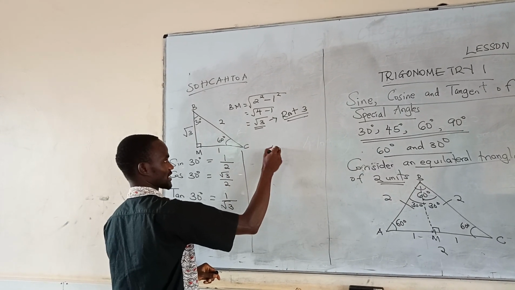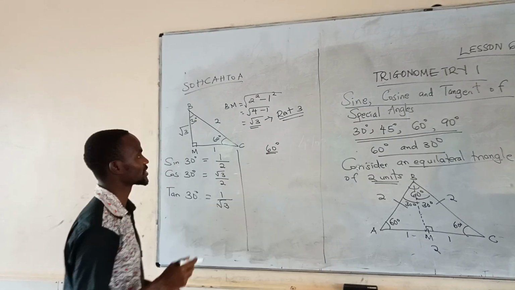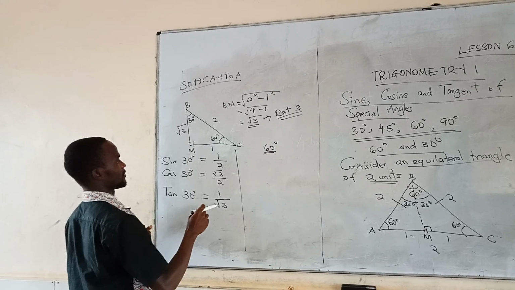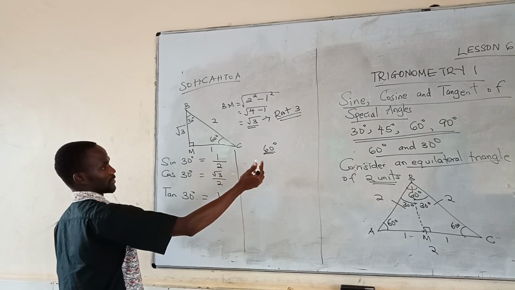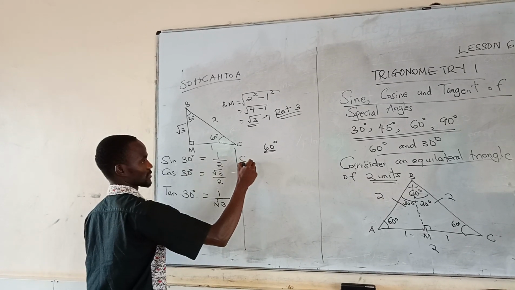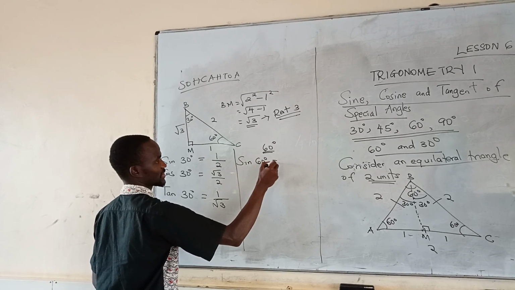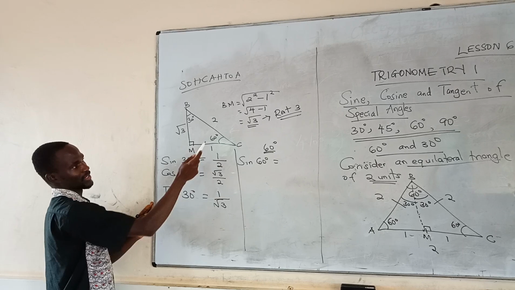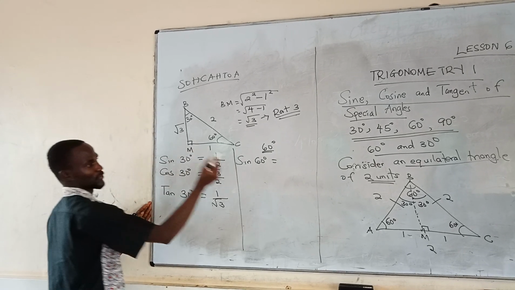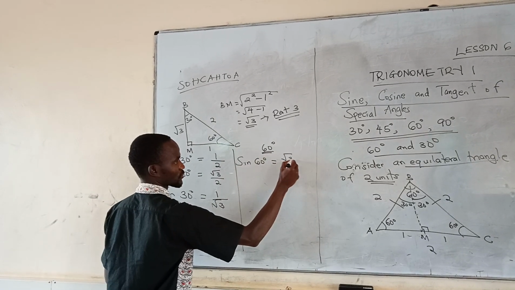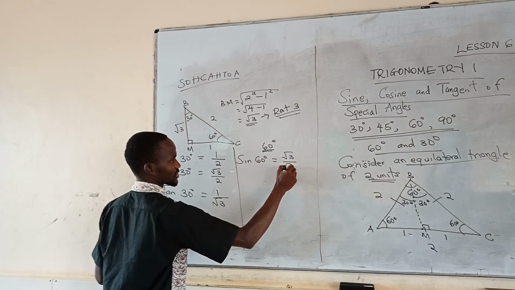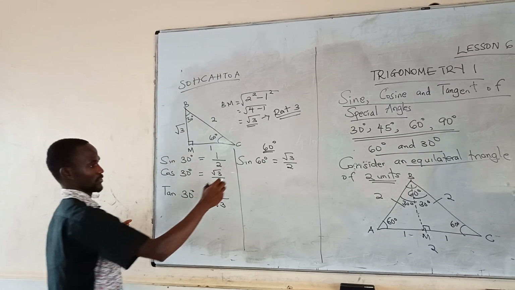If we look at the special angle 60 degrees, you are still making use of this triangle BMC. So sine 60 degrees, now we are turning to this angle 60 degrees, opposite, which is root 3, over hypotenuse, which is 2.